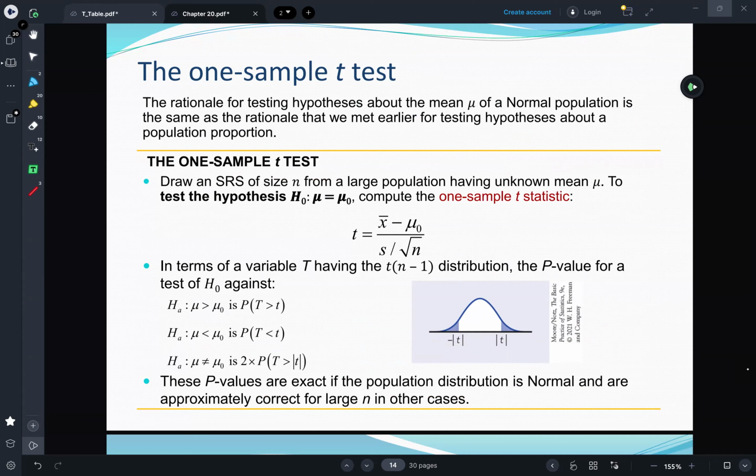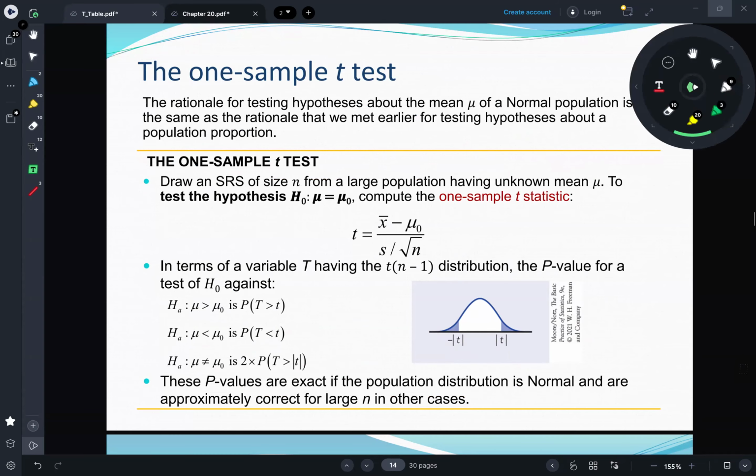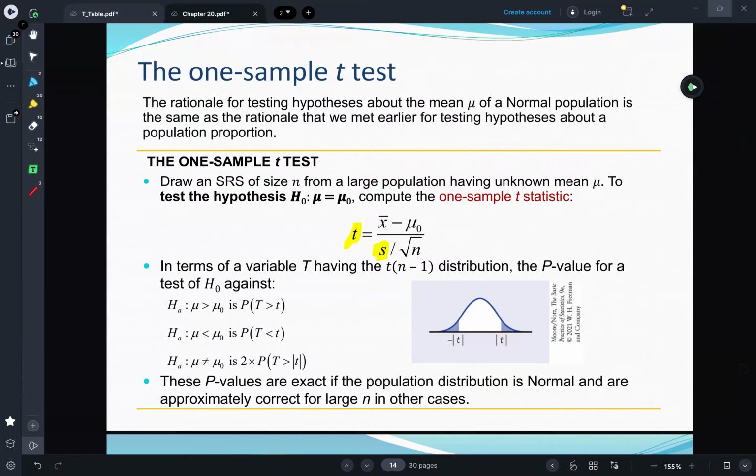It's exactly the same as how we did it with the Z. The only thing different is the S. If we don't know the population standard deviation, and we're using S instead, then we have to have T. It still has an SRS of size N from a large population, unknown mean mu, and standard deviation. This is the test statistic right there.